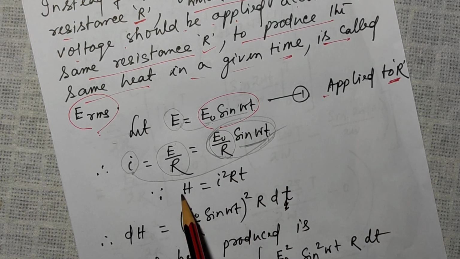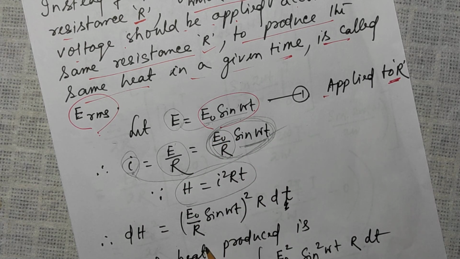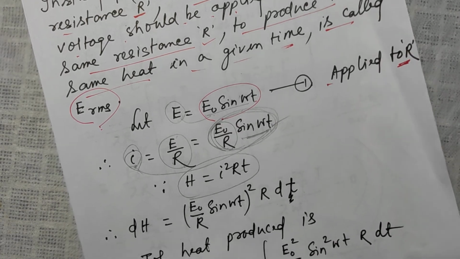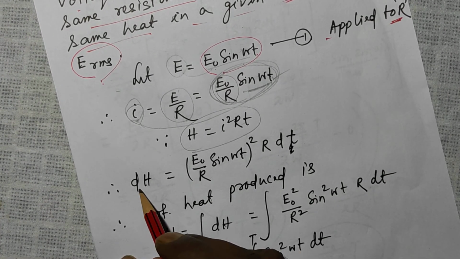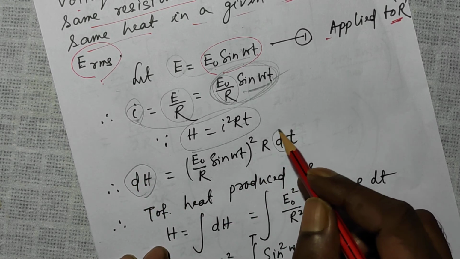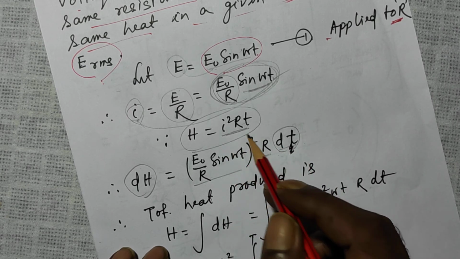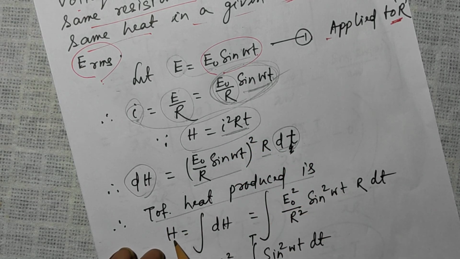Now since heat produced H is equal to I square R T, for I substitute this value and make the square. The small heat dH produced in a small time dt will be I square R dt. So the total heat produced will be the integration of this dH in time from, let's say, 0 to t.